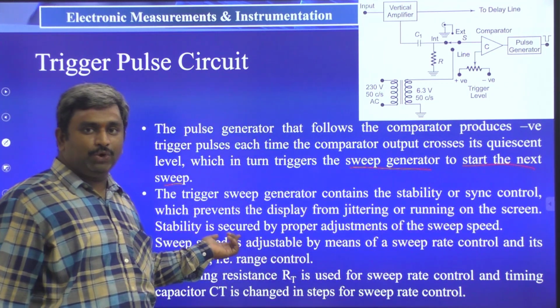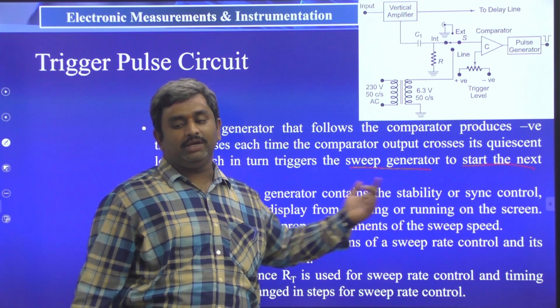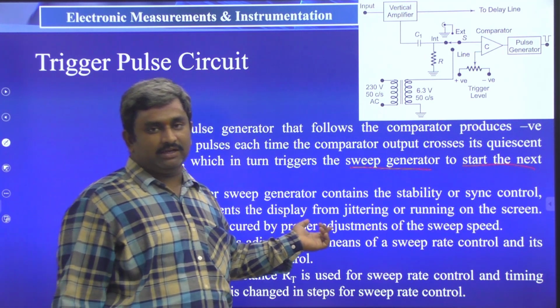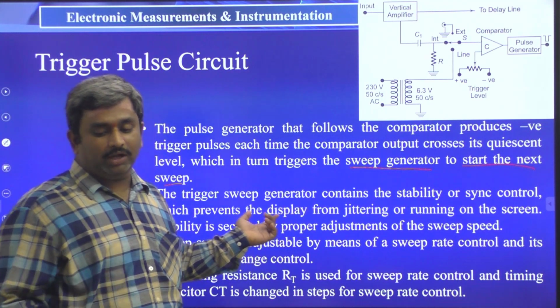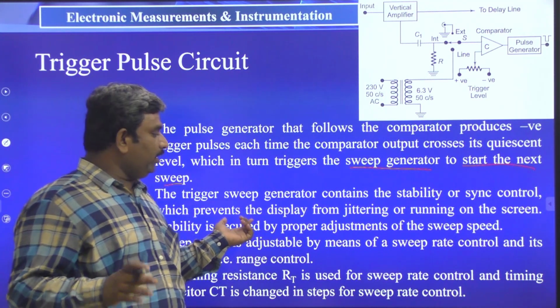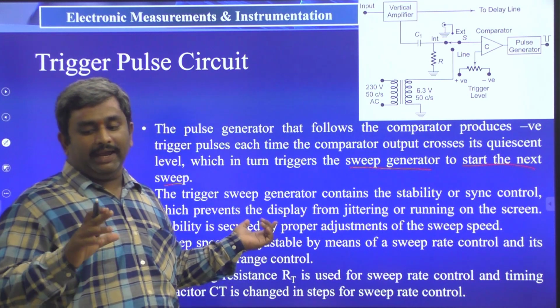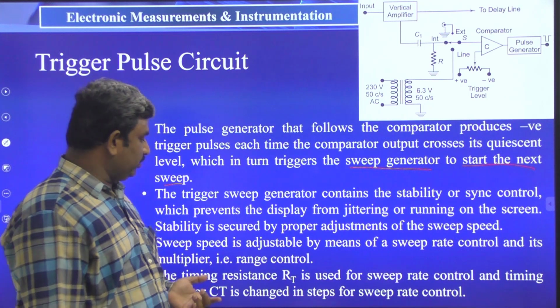Stability is secured by proper adjustment of the sweep speed. Whenever the stability is not achieved, we cannot adjust the speed. Once stability is secured by proper adjustments, we can control the sweep speed also here.